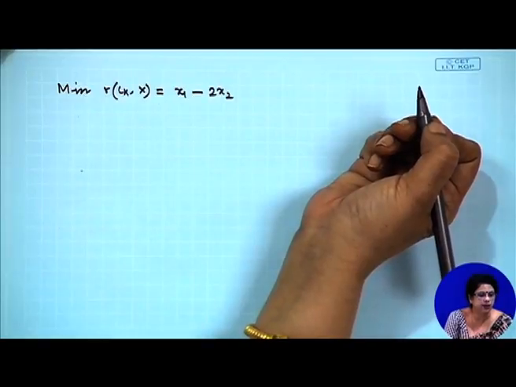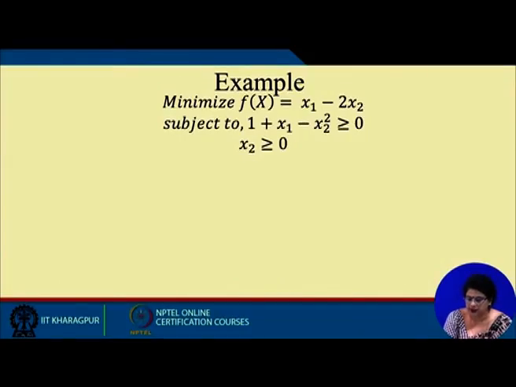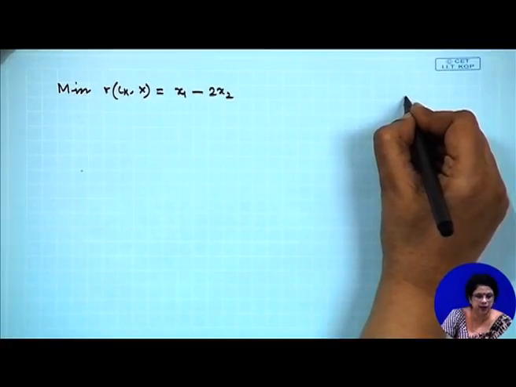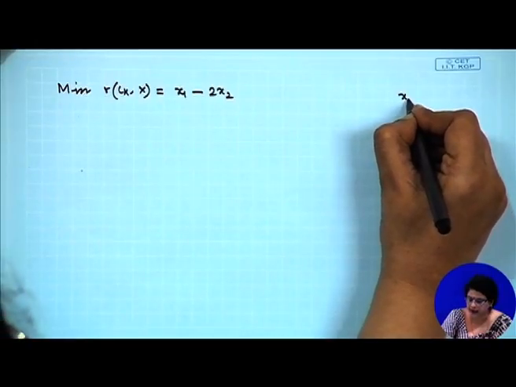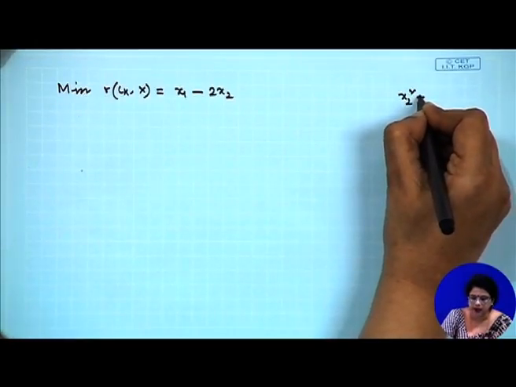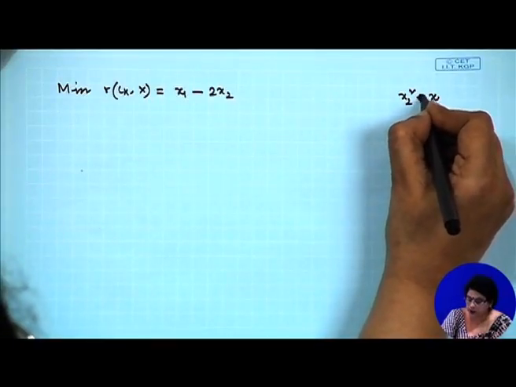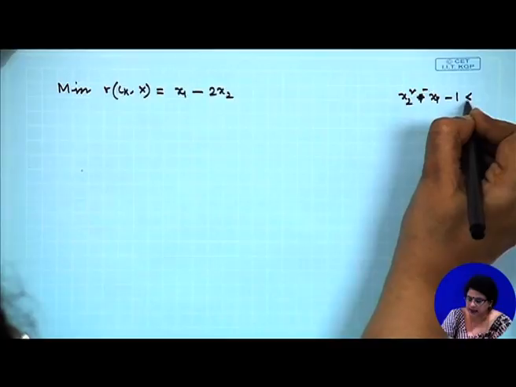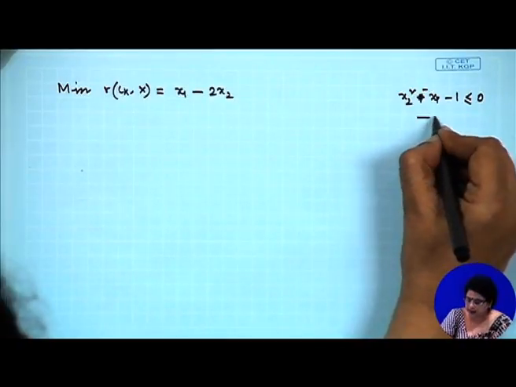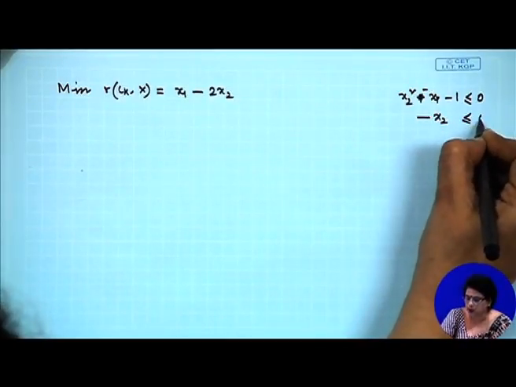Now, you see the constraint has been given in the form of greater than or equal to. That is why I will make it less than or equal to: x2 square plus x1 minus 1 less than or equal to 0, and minus x2 less than or equal to 0.